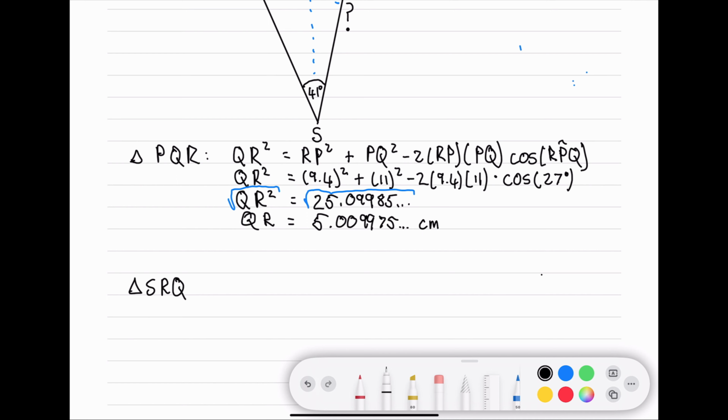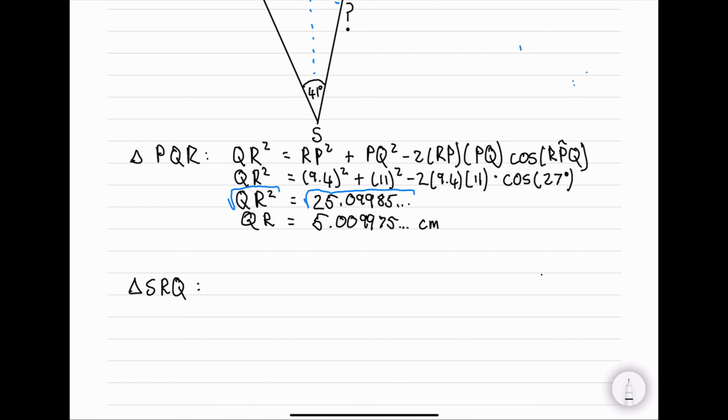So for triangle SRQ, we are going to use the sine rule. And there you have your sine rule.